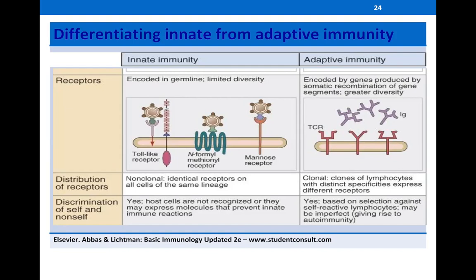So if this self-reactive lymphocyte becomes imperfect or deranged, that will give rise to autoimmunity, meaning it attacks your own self. You cannot differentiate an infection from your host cell per se. So that will give rise to autoimmunity. And we have different types of autoimmune disorders, which will be discussed later in this presentation.